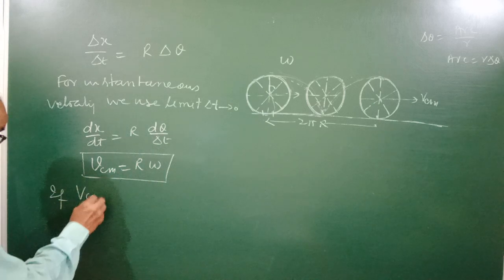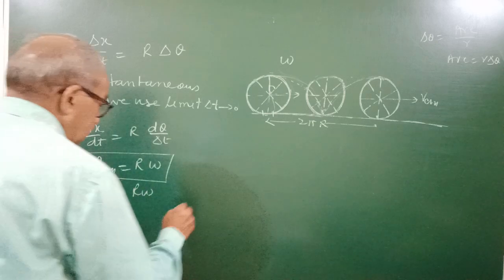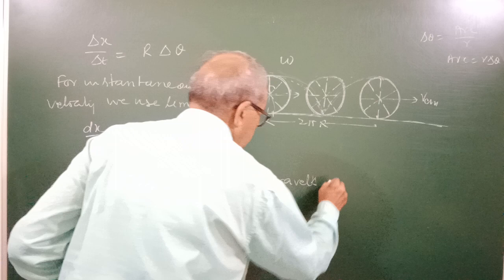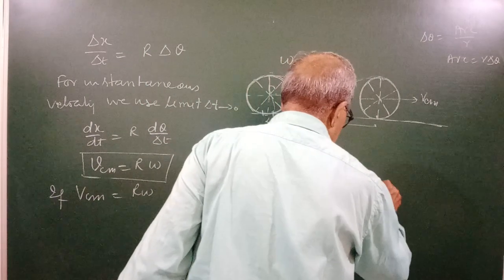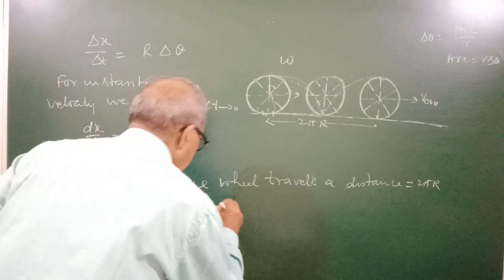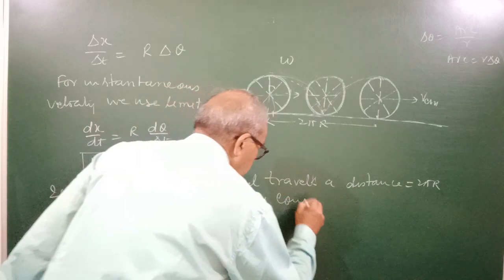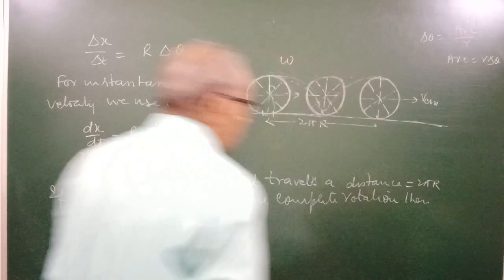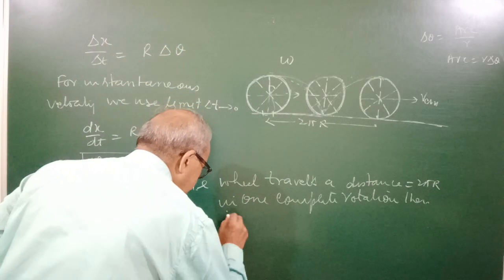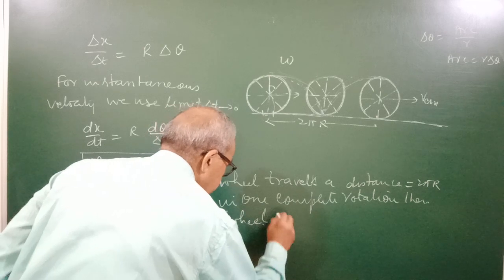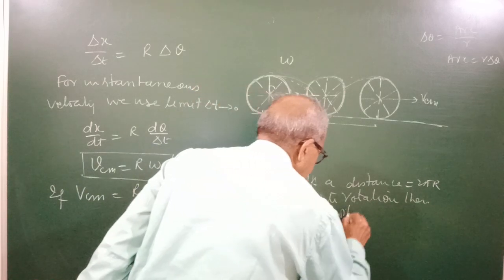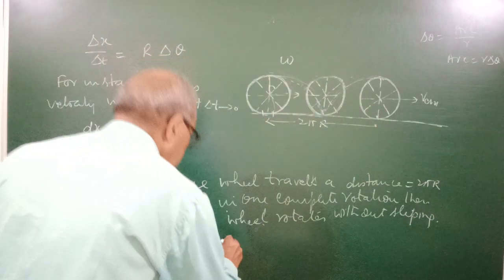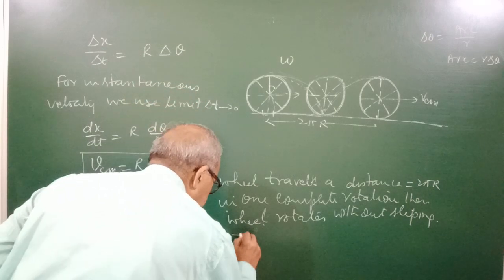And hence, if vcm equal to r omega, that is wheel travels a distance equal to 2 pi r in one complete rotation, then wheel rotates without slipping, and hence there is perfect rolling.